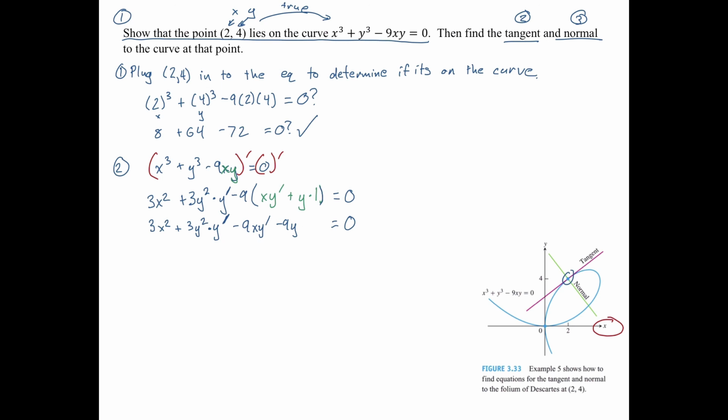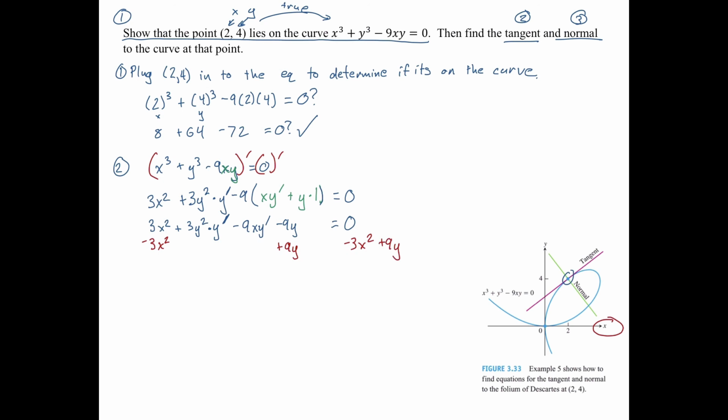Now, let's go ahead and get the terms with y prime on one side and those without y prime on the other. So we'll subtract the 3x squared from both sides and add 9y to both sides.